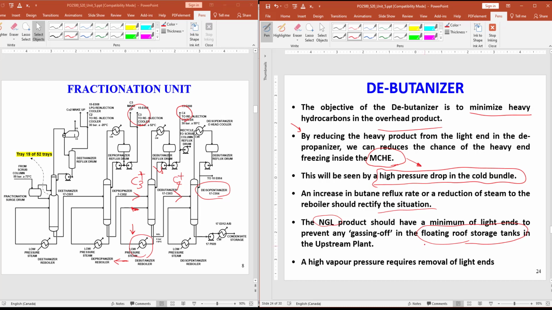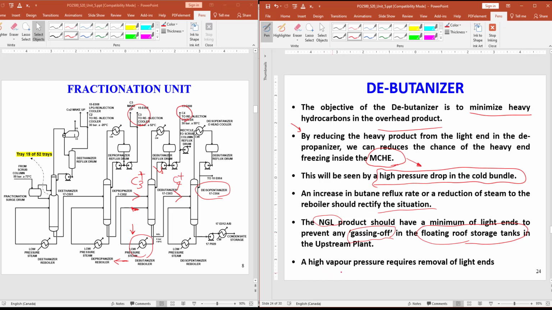In a floating roof tank, it's better that we have less volatile components. If you have more volatile components, they go to the gas phase and create gassing issues in the floating roof. So we have to try to have a minimum amount of light end molecules in the NGL, natural gas liquids.